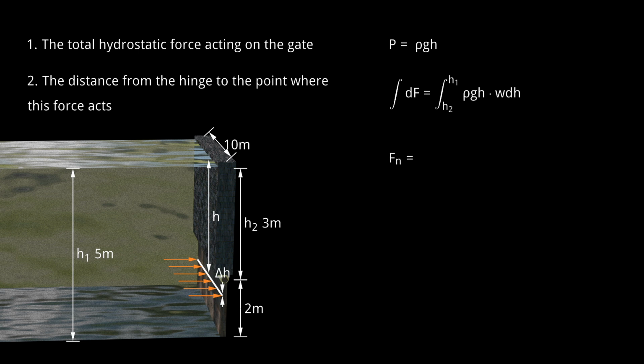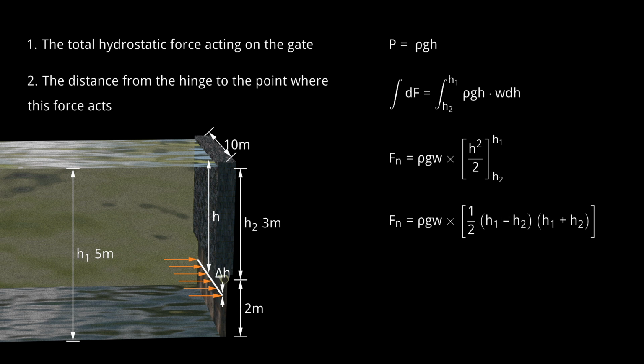The integration gives us a formula for the total force exerted by the water on the gate. Let's now substitute the values for H1 and H2 into our expression and carry out the integration. This process effectively adds up all the small force contributions from each horizontal strip across the gate's height, giving us the total force exerted by the water. When we simplify the final result, it neatly breaks down into 3 key parts.